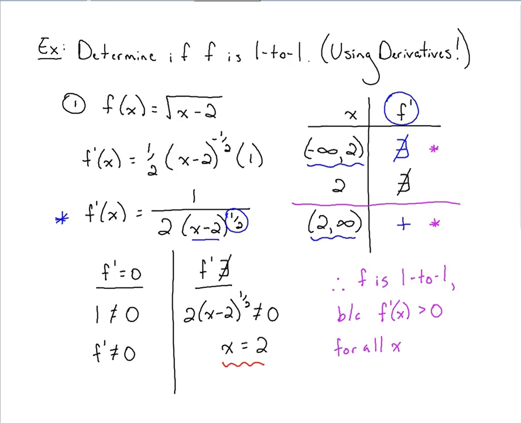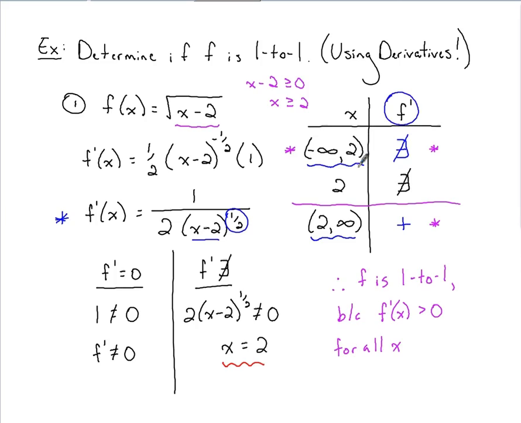And really, when you set up a chart of this type, you don't have to include this interval. You would know that if you go back to the original function and look at its domain. If you look at the domain of the original function, x minus 2 is greater than or equal to 0, so x has to be greater than or equal to 2. We know that rules this interval out.